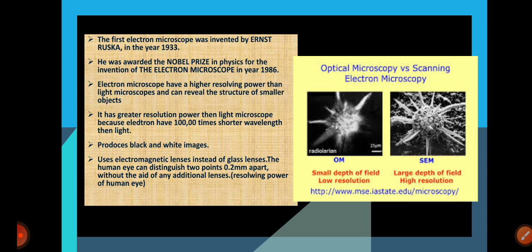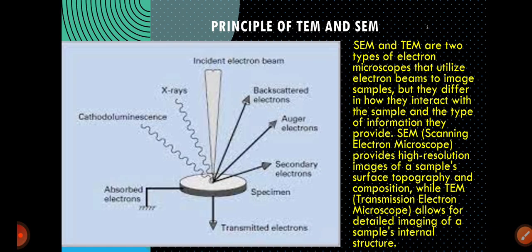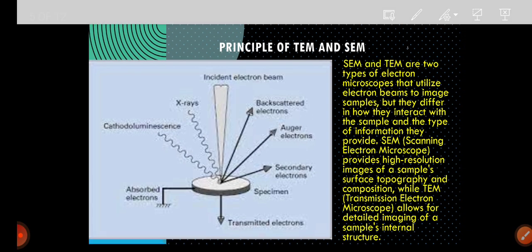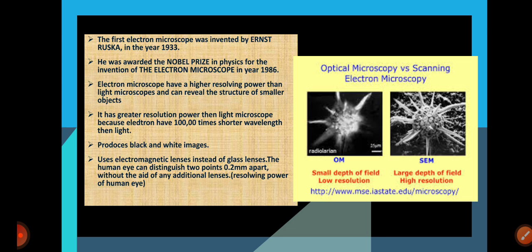In the given slide, see the image from the optical microscope. It is blurred, it is not clear, but the image we get from the electron microscope is clear. It is a magnified and also high resolution image.